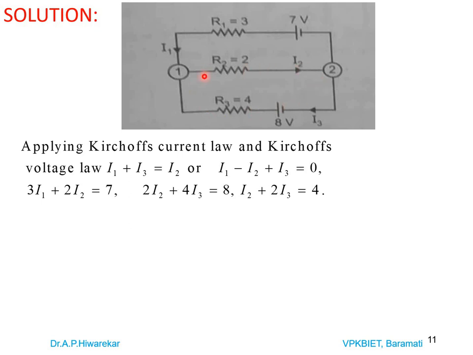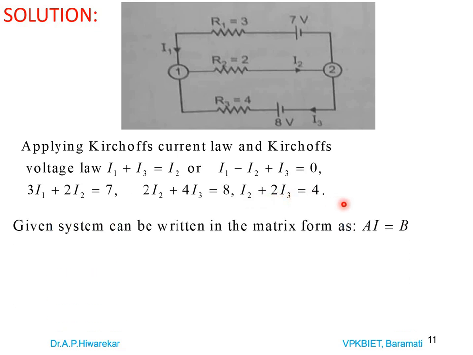And if you apply Kirchhoff's law for the lower loop, we have 2I2 plus 4I3 is equal to the applied EMF, which is 8. So 2I2 plus 4I3 is 8. As 2 is common, we can write this as I2 plus 2I3 is equal to 4.